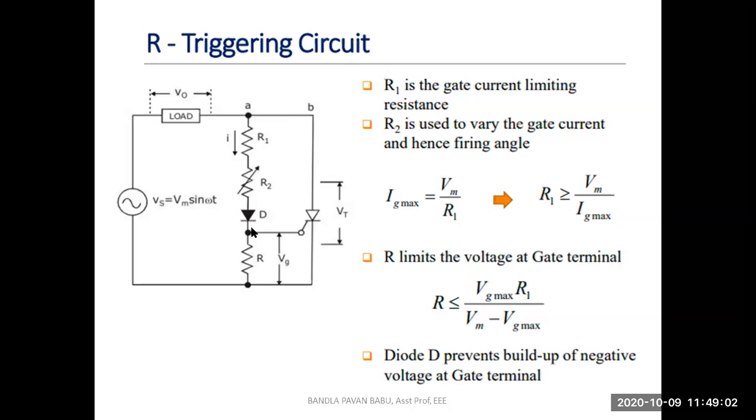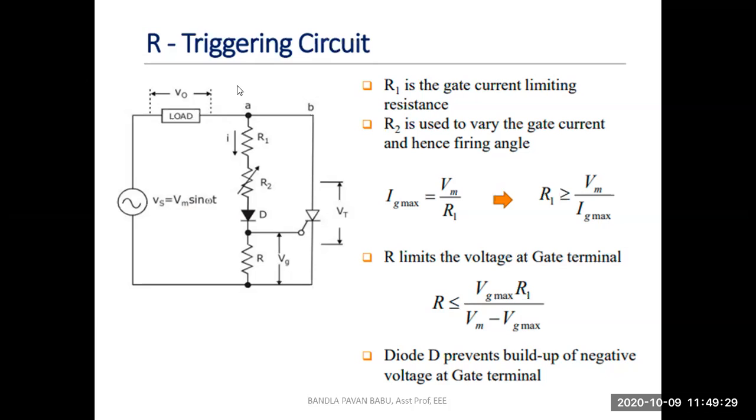R limits the voltage at the gate terminal. This is the SCR, with the terminals anode, cathode and gate. In some textbooks this resistance is mentioned as acting as a sink for the gate terminal.